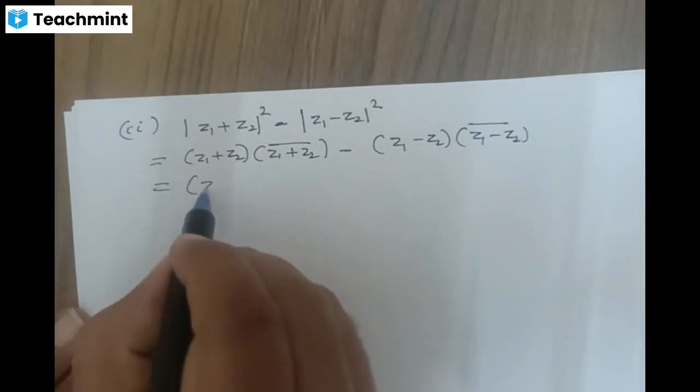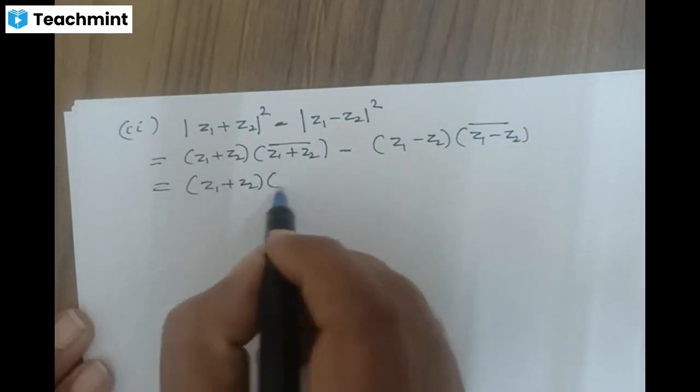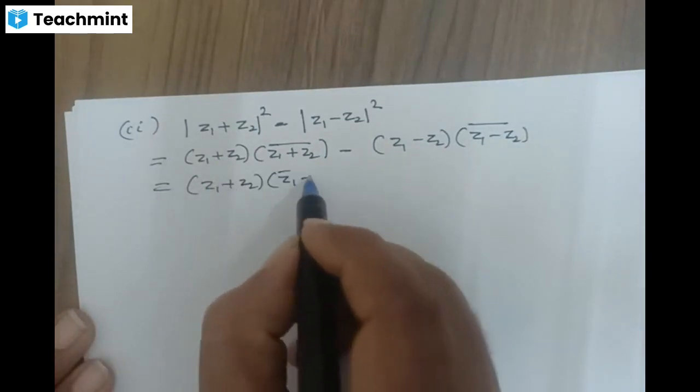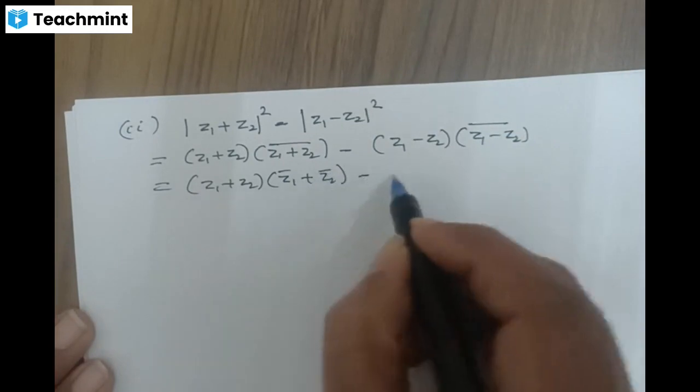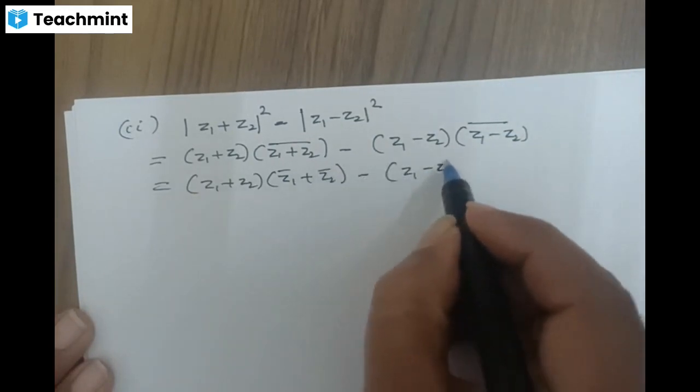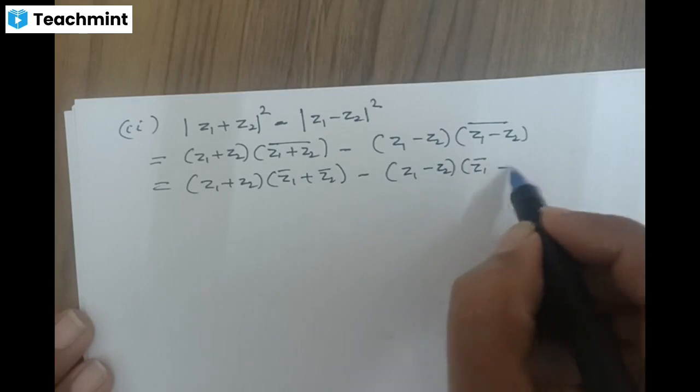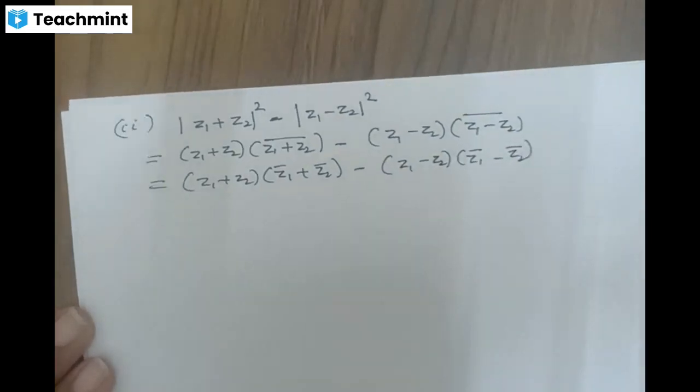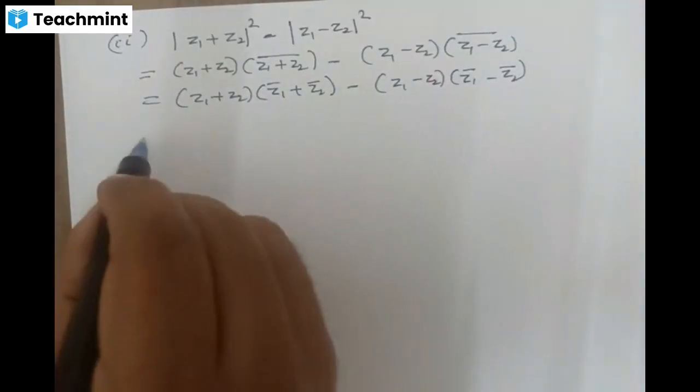So we can write Z1 plus Z2 into Z1 bar plus Z2 bar, minus Z1 minus Z2 into Z1 bar minus Z2 bar. Next we can multiply.